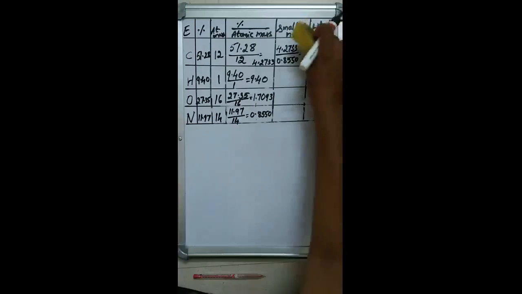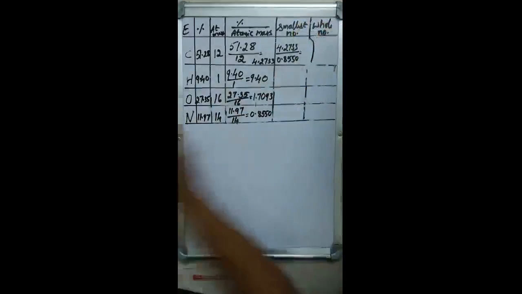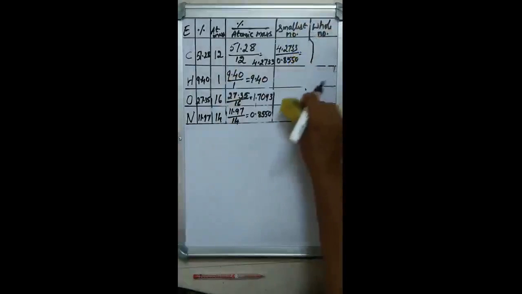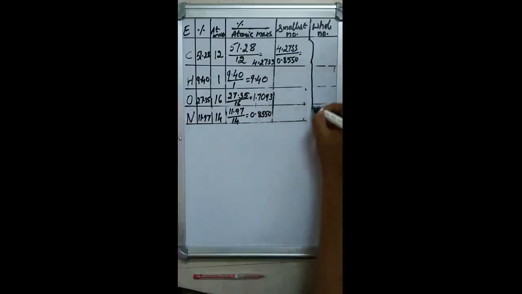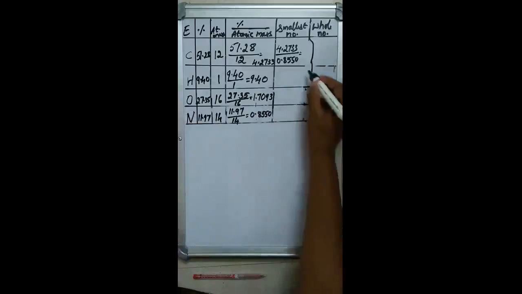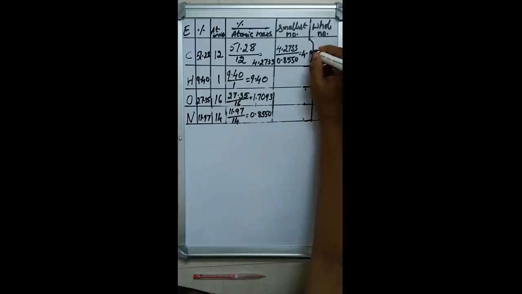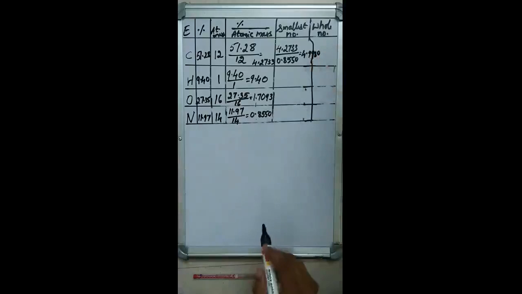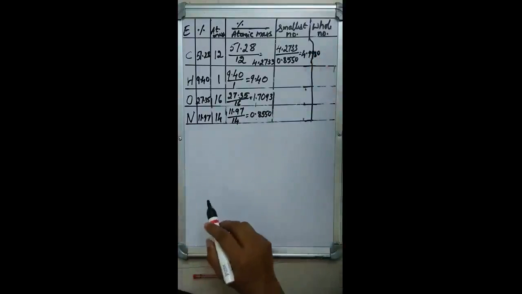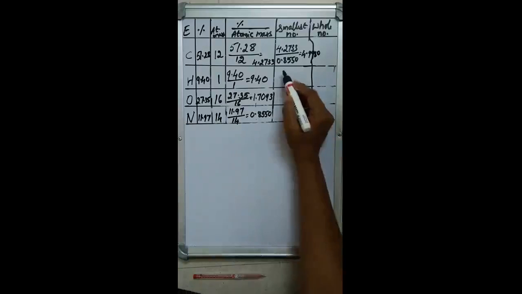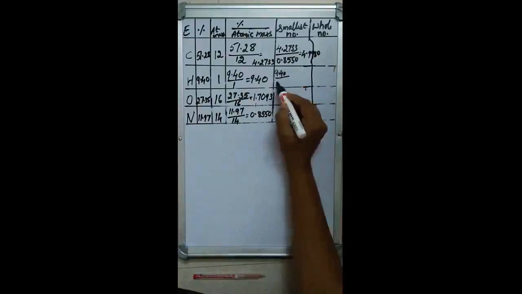So what is the answer? It is 4.9980. Now next, here 9.40, the smallest number is 0.8550.